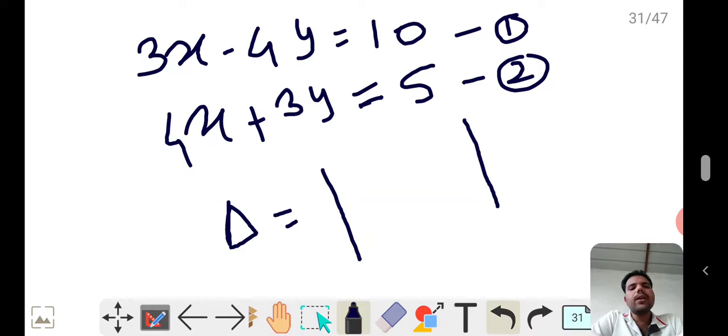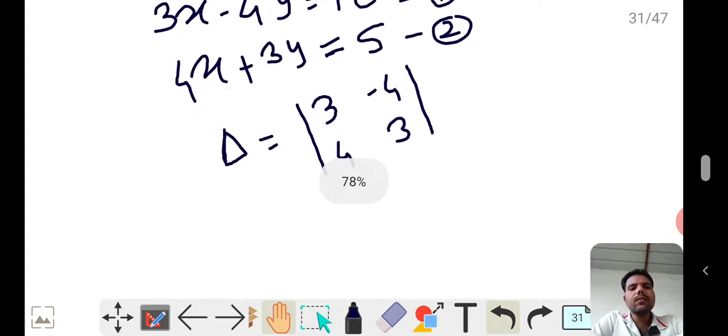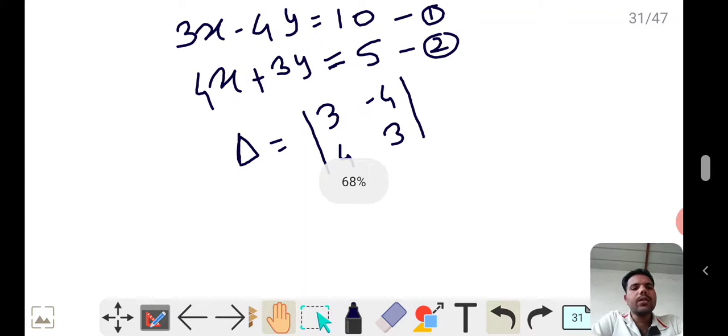So we get delta is equal to the determinant with rows 3 minus 4 and 4 3.